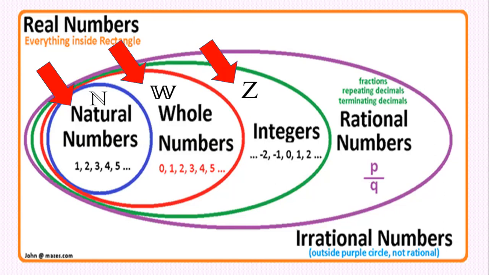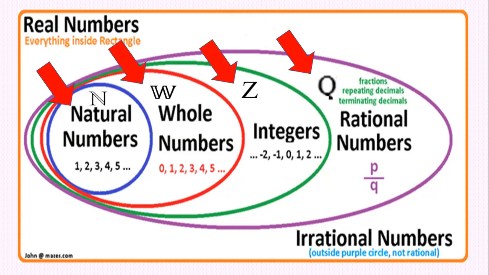The next classification of numbers is called rational numbers, which can be denoted using the capital Q symbol. Rational numbers include all the other classifications that we have mentioned so far, as well as decimals and fractions.